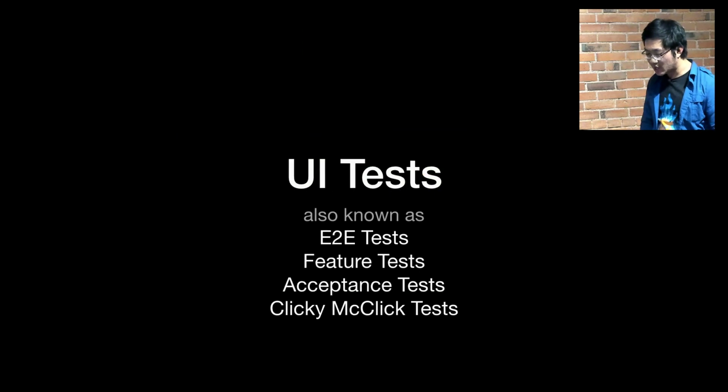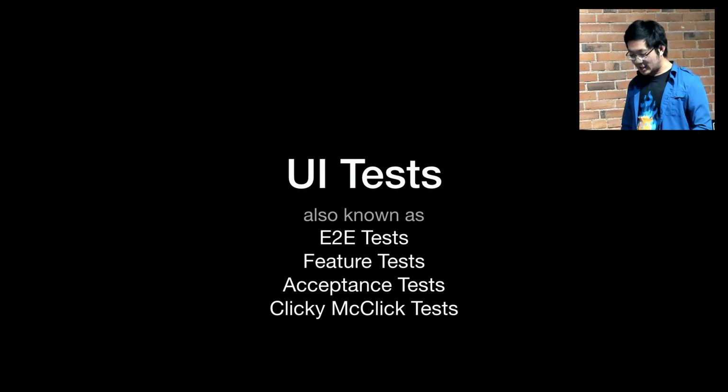And last thing, for UI tests, also known as all of these names that we call them, write them. Historically, they are also a pain in the butt because of a bunch of selectors that you have to do and waiting around for network calls to get done.